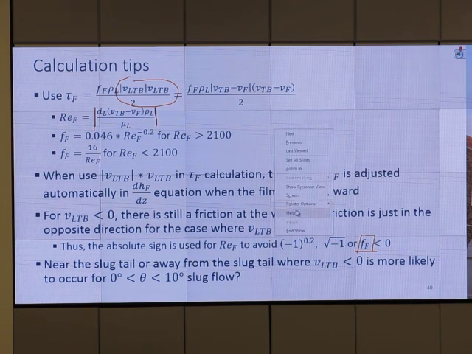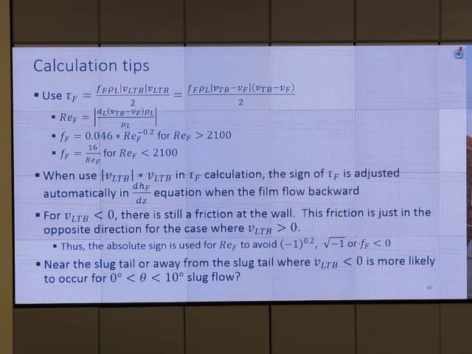Which part? Because the original, very first slide shows, right? So the Reynolds number is wrong.